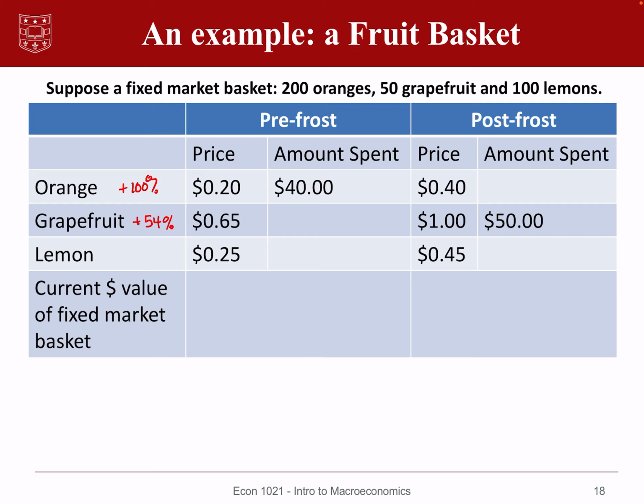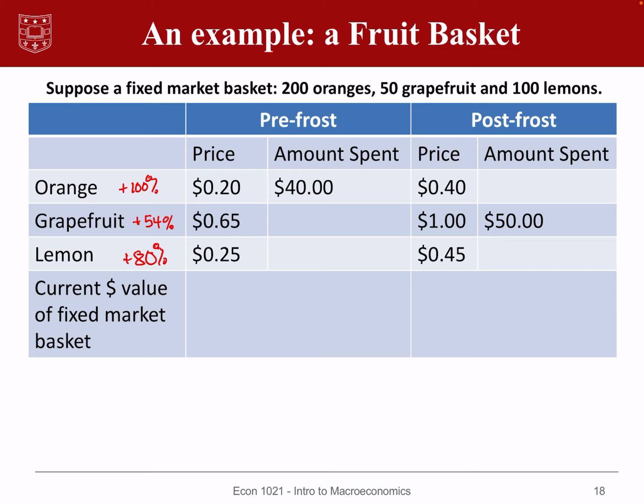And lemons going from 25 cents a lemon to 45 cents a lemon is an 80% increase in prices. So because we're trying to measure an average price level, what we should see is that on average, the prices in the economy, according to our fruit basket model, should be somewhere in between these measures.